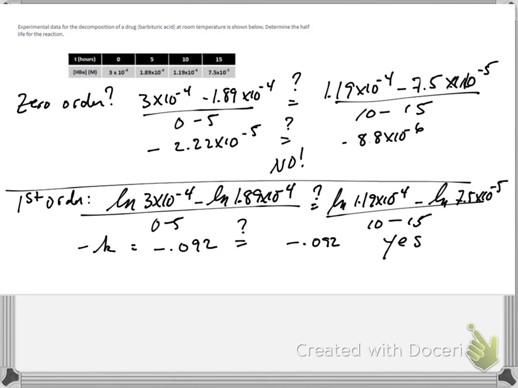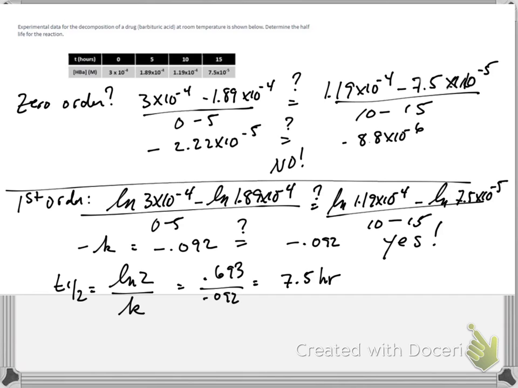The slope was minus 0.092, but the K value is positive 0.092. That allows us to find the half-life if we use the formula. ln of 2 is 0.693 divided by K, and we get 7.5 hours, which is exactly where we'd expect it to be, between 5 and 10 minutes, or hours.